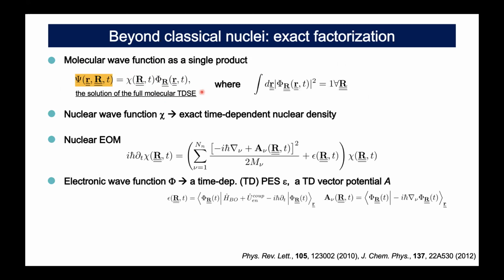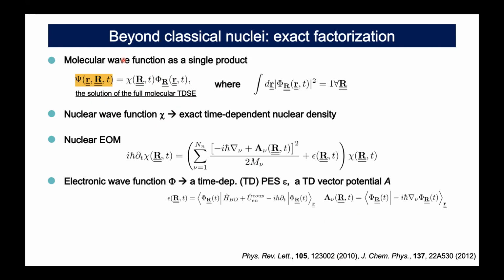In the conventional Born-Huang expansion, the electronic state, the Born-Oppenheimer state, is not time dependent, right? However, in our expression in this single product, the electronic wave function changes in time. So this time dependence generates the time-dependent potential energy surfaces. If you look at these papers, there are some special properties of this single product.